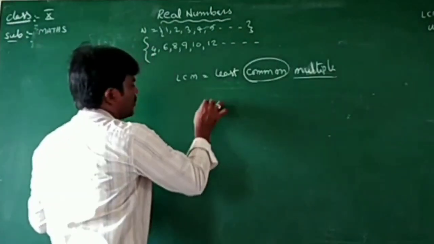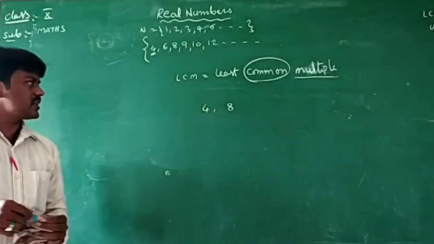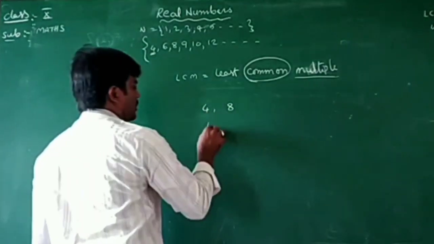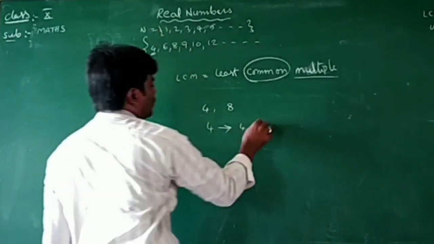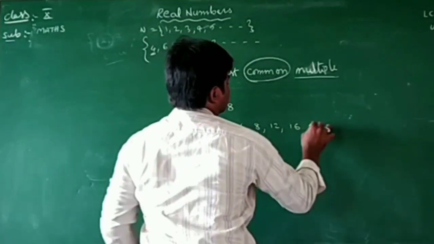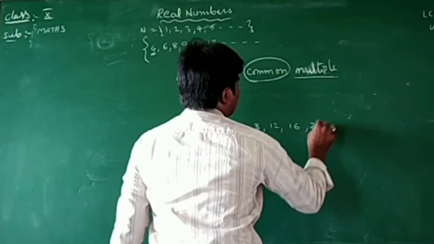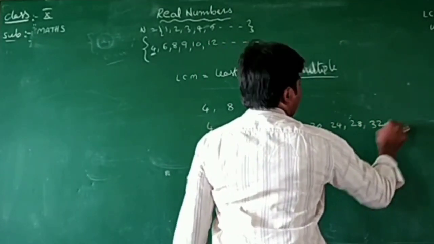Suppose we take 4 and 8. First of all, what are the multiples of 4? 4 ones are 4, 4 twos are 8, 4 threes are 12, 4 fours are 16, 4 fives are 20, 24, 28, 32, like that.